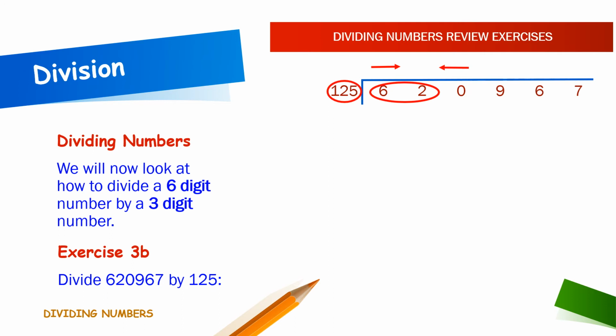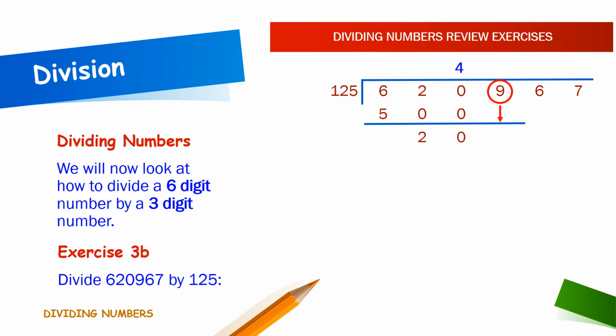There are no 125s in 62, so we put nothing here. Now check how many times 125 goes into 620. Clearly there are 4 125s in 620, so we put 4 here. Multiply 125 by 4 to give 500. Subtract 500 from 620 to give 120.